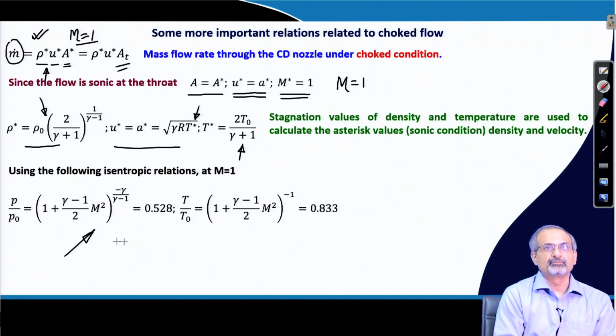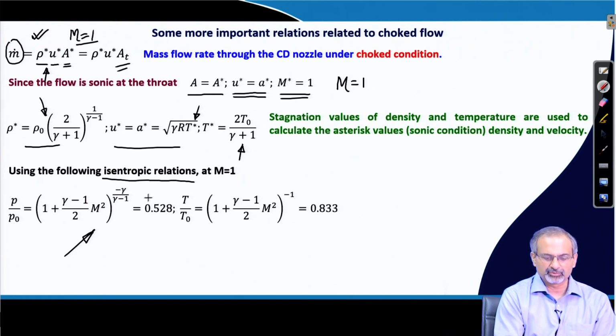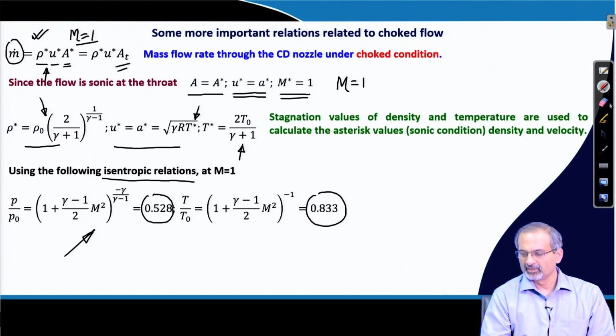Another set of important relations, from isentropic relations for p by p naught and T by T naught, gives you these ratios for a choked flow in the throat. These would be very useful relations to remember.